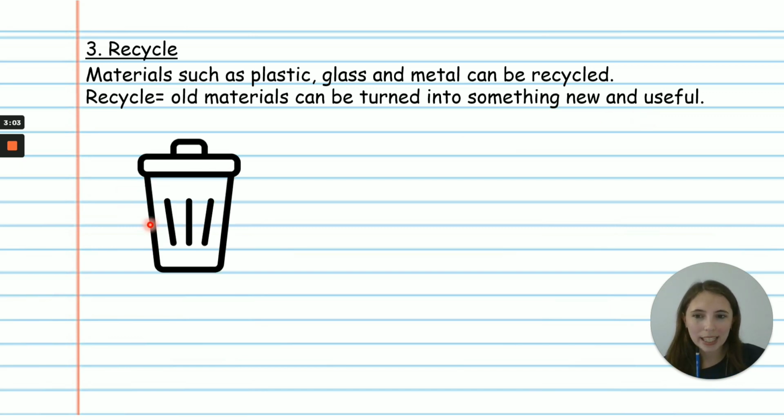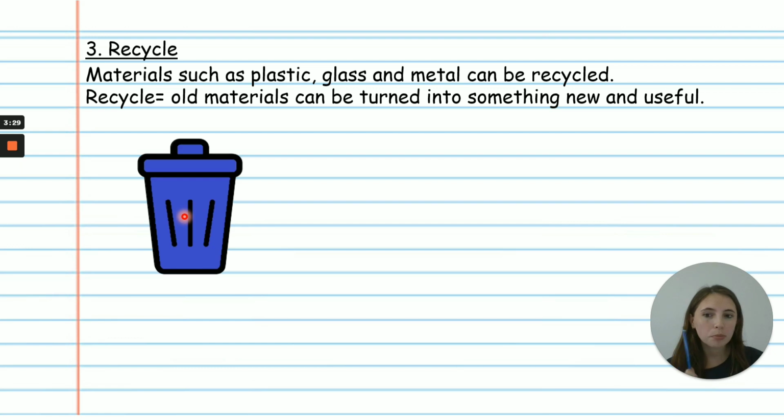Now let's draw a picture of a trash can like this one. So we are going to draw 3 trash cans. So quickly draw 1 trash can like this. And then you color this trash can blue.